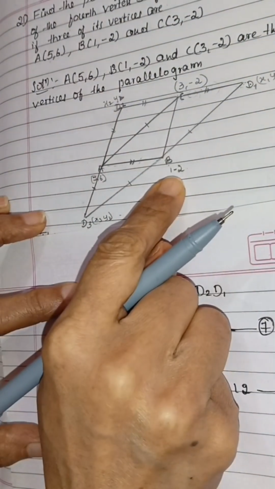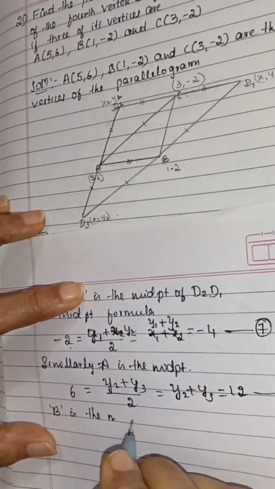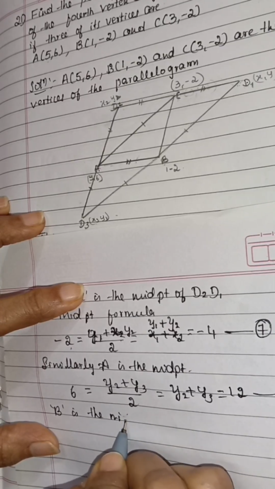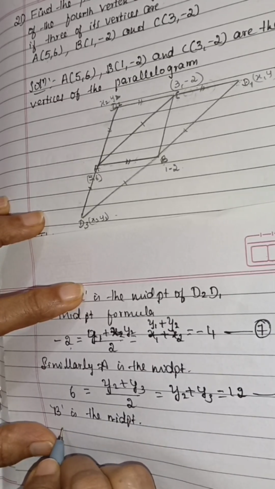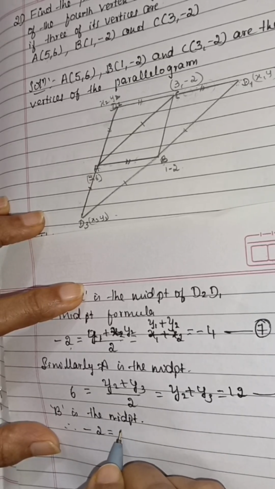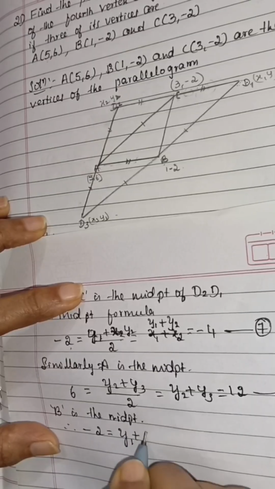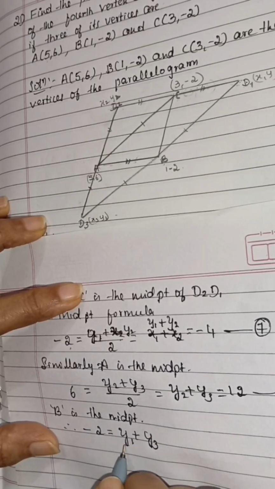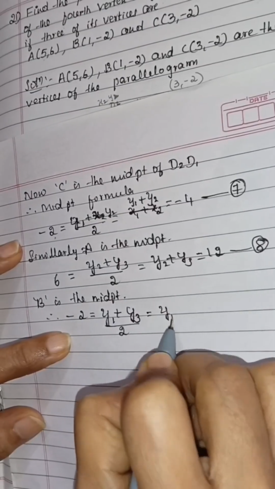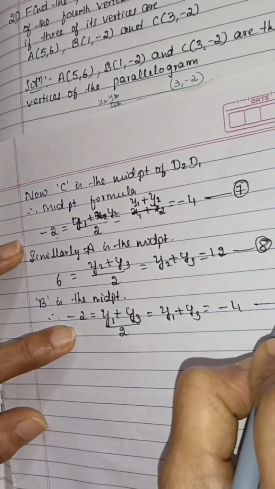Directly you can write minus 2 multiplied by 2, minus 4. B, y coordinate is minus 2 equal to y1 plus y3 divided by 2. Therefore y1 plus y3 is 2 twos are minus 4, equation number 9.